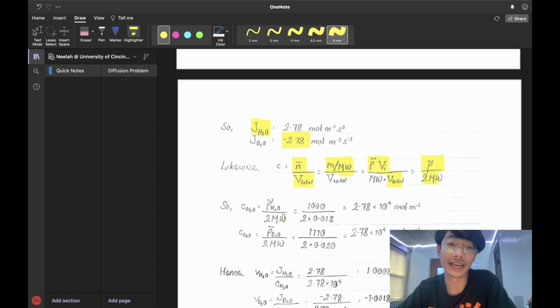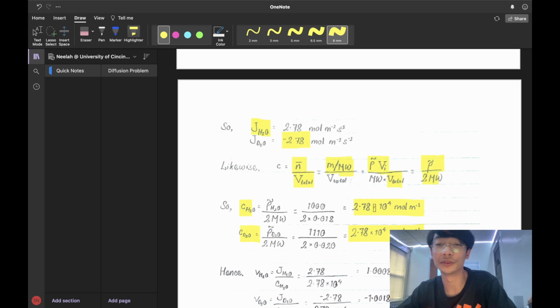So we just plug that in for both water and D2O, and we end up with these values: 2.78 times 10 to the power 4 moles per meters cubed. Note that these two values aren't exactly equal.